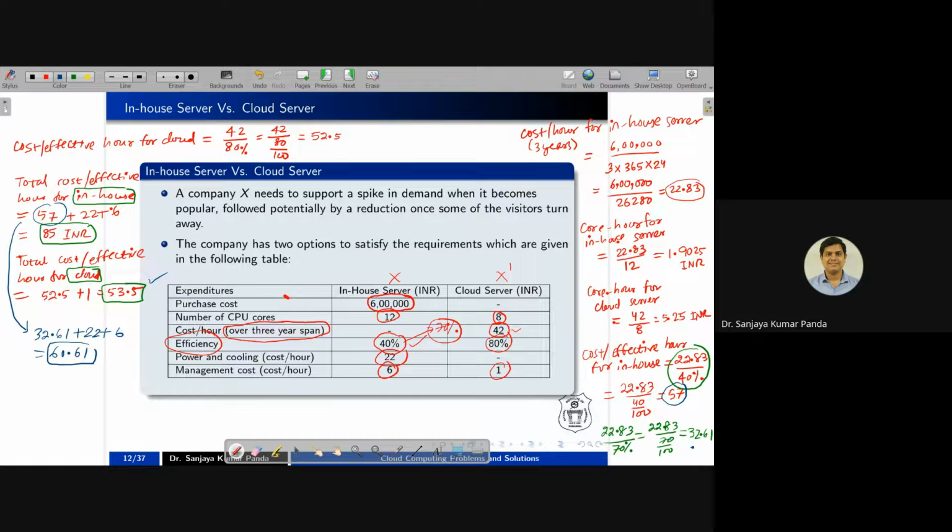Now, if I tell you to increase this utilization from 40% to, let's say, 90%, can anybody calculate what the cost is? Simply put 90% here, and can you please tell me the cost per effective hour for the in-house server if efficiency is increased to 90%? Take 2 minutes and solve it with 90%.